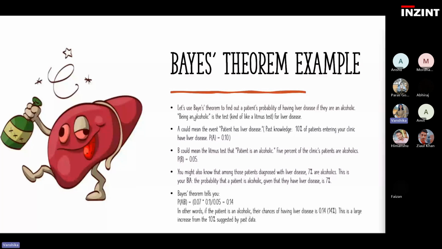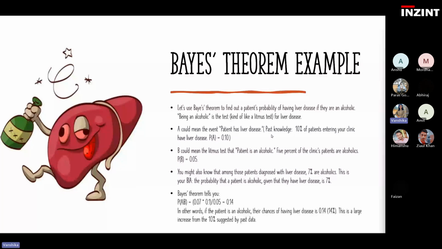If I calculate the probability of event A, that the person has liver disease, just for event A without having knowledge about whether he's an alcoholic or not, and let's say 100 patients come to my clinic, of whom I have a record that 10 have liver disease, can I say that 10% or 0.1 is the probability of anyone having liver disease? Right?